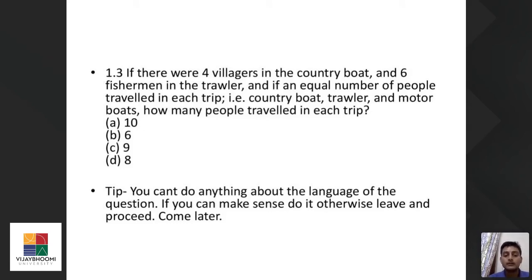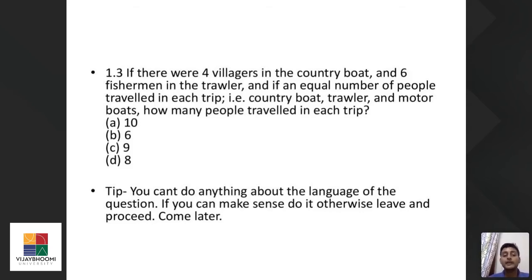But I will solve this one. Let's say when you get a question in the paper that you're not able to understand, you give some time to it, let's say 30 seconds or 40 seconds, and try to make sense of it. Try to attempt it.